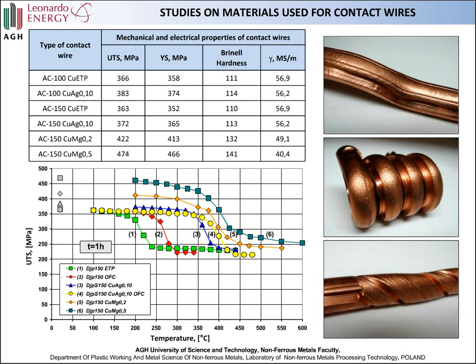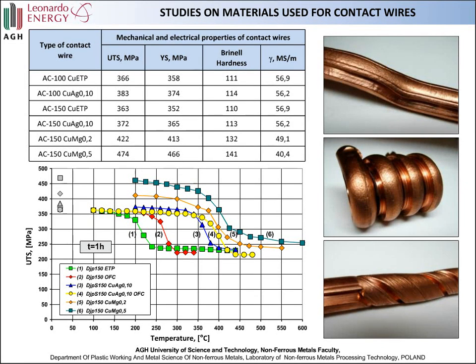Also, which is very important, and as I said, sometimes during the cooperation of contact wire and holders of contact wires, we have the possibility to interact with higher than usual temperature of the wire.